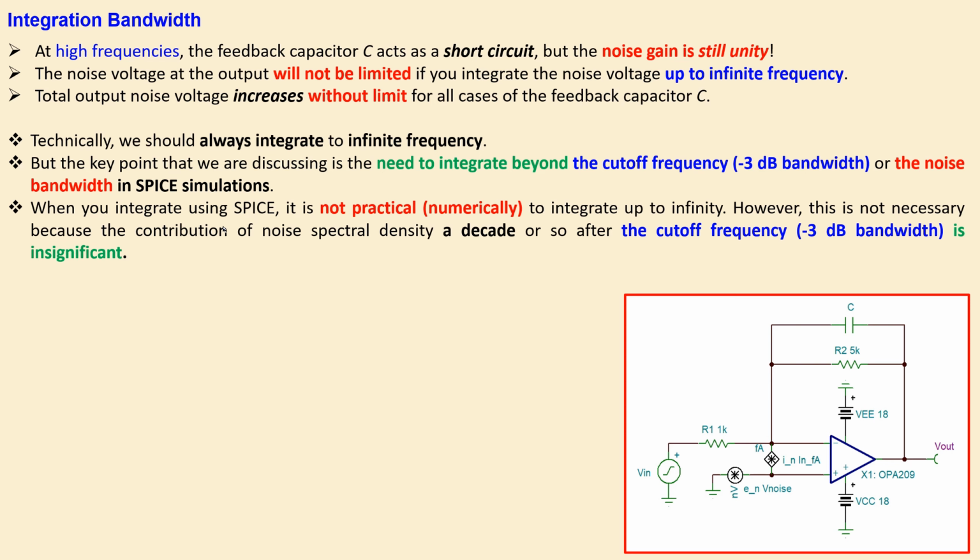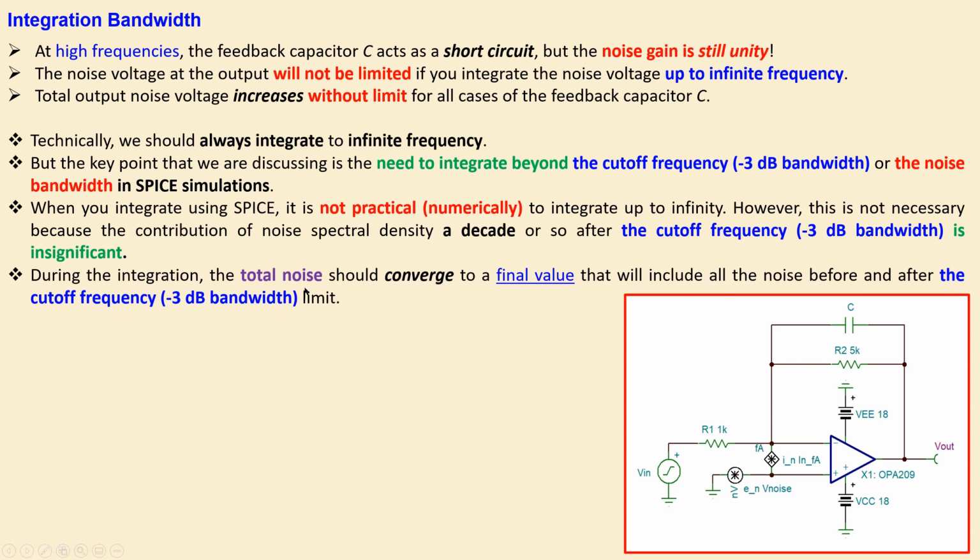However, this is not necessary, because the contribution of noise spectral density at a decade, let's say 10 times larger than the cutoff frequency, is not significant anymore. So in a practical sense, we will not integrate up to very high frequencies, but a decade or so larger than the cutoff frequency.